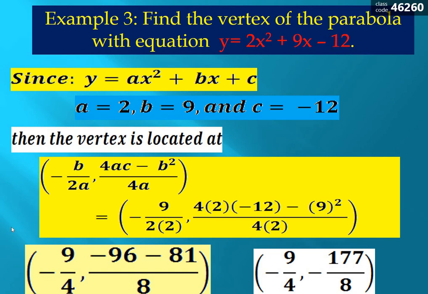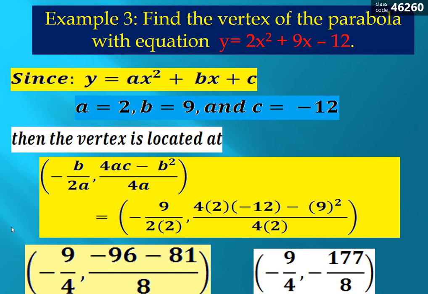By substitution, we have negative b over 2a. It will be negative 9 over 2 times 2. And 4ac minus b squared all over 4a, we have 4 times 2 times negative 12 minus 9 squared all over 4 times 2. To simplify further, we have negative 9 fourths and negative 96 minus 81 over 8.